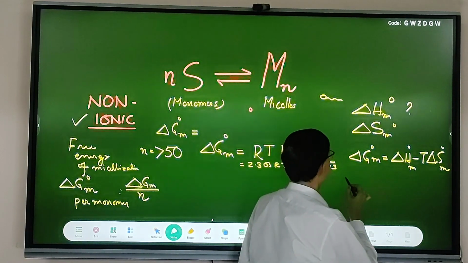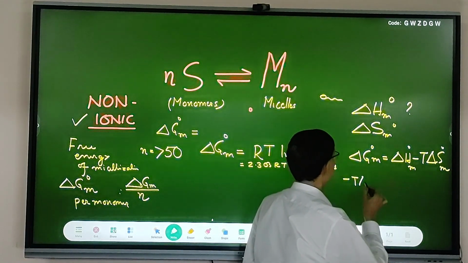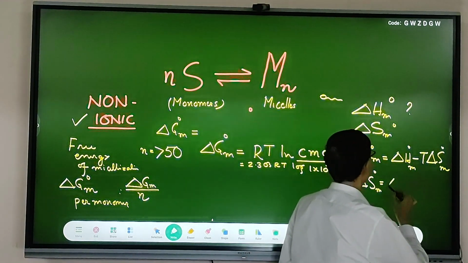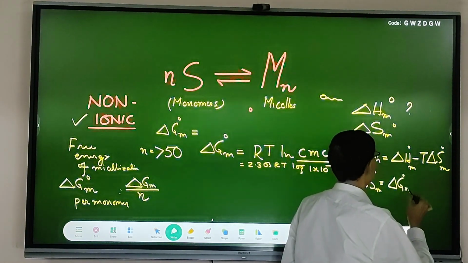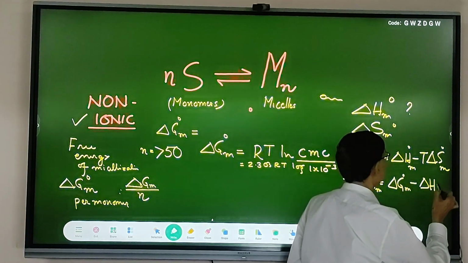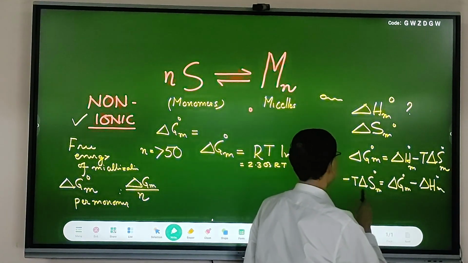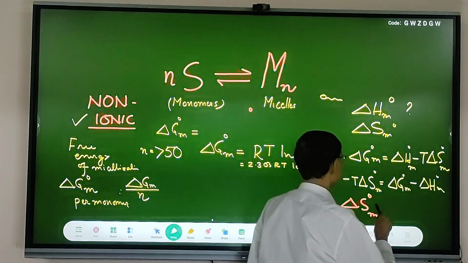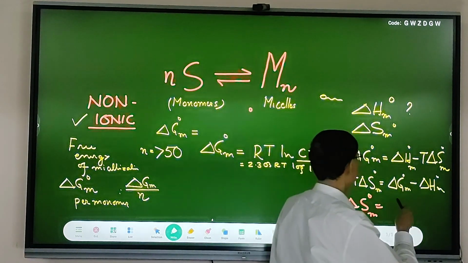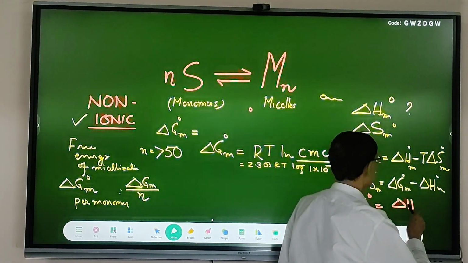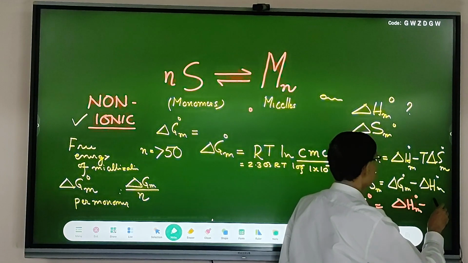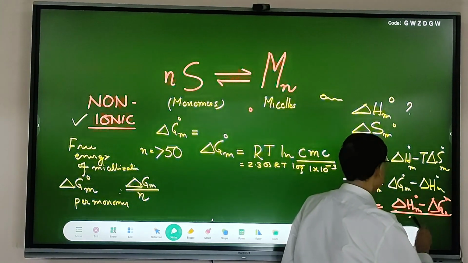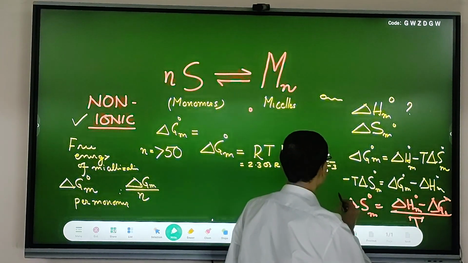So I can write it like that: minus T delta S M standard is equal to delta G M minus delta H. Or simply, the second parameter is delta S M standard, which is equal to delta H M minus delta G M, divided by T. So this is the second parameter.